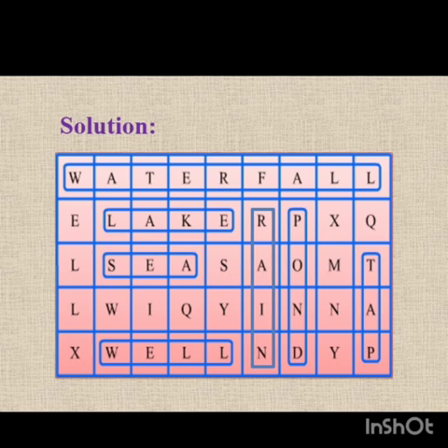Here you can see the waterfall which is already marked for us. The first one which I can see is lake over here. Children, you can see the lake just below the waterfall. Next, you can see the sea which is just below the lake.